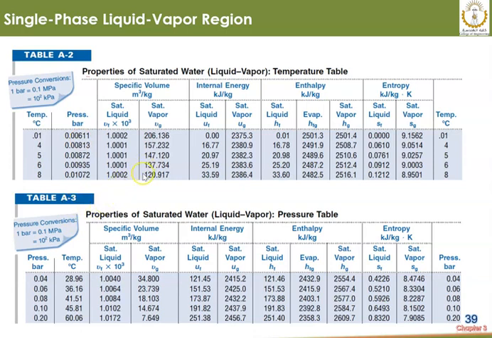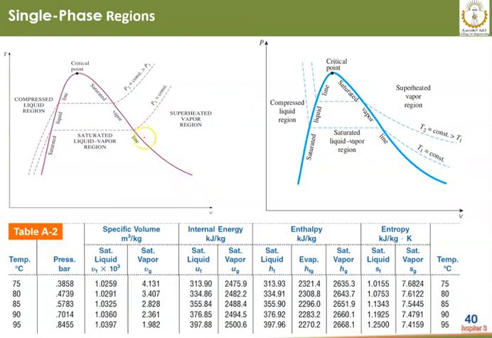And understanding these tables, A2 and A3, is important. And also understanding the sketch of the phase change in the TV diagram and in the PV diagram, and how the constant pressure lines in the TV diagram behave and the constant temperature lines in the PV diagram behave.